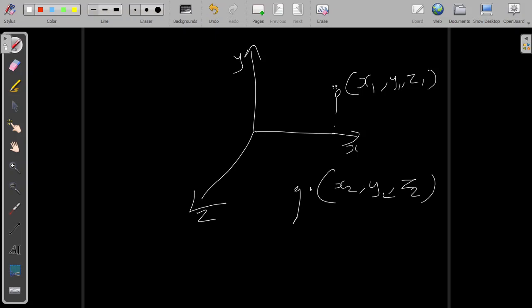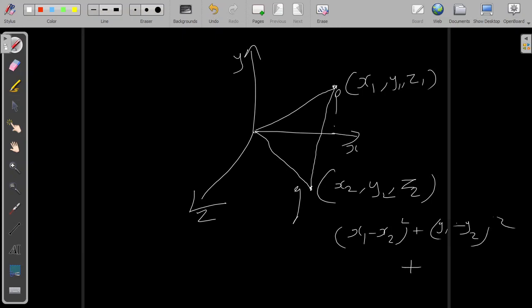The distance between q and p is the square root of (x1 minus x2) whole square plus (y1 minus y2) whole square plus (z1 minus z2) whole square.